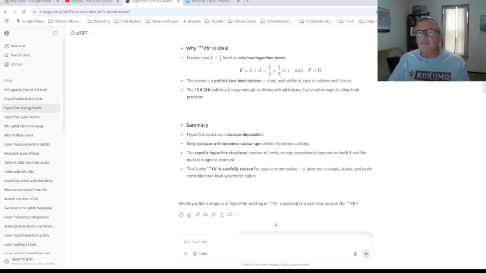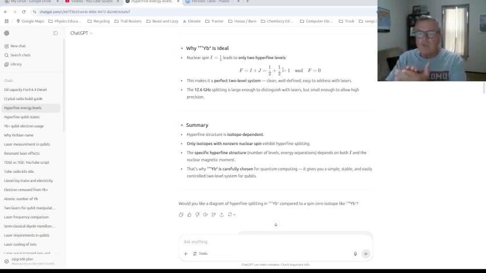To recap, have this picture in your head. We've got this positively charged ion, which is this strange element called Ytterbium. The Ytterbium happens to, with this positive charge, also have properties that make it to where the overall spin level or overall angular momentum can be 0 or it can be 1.